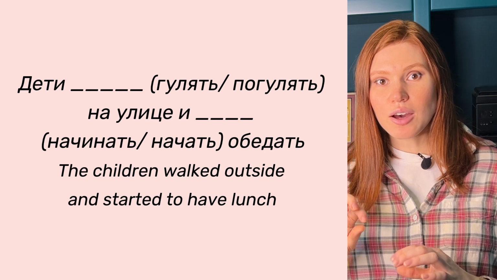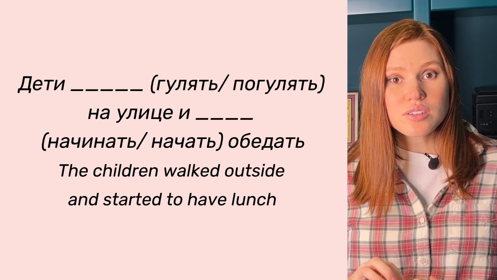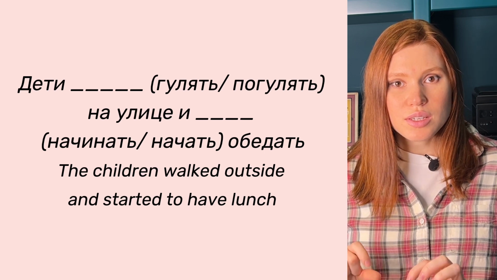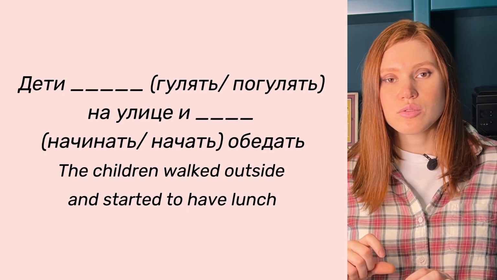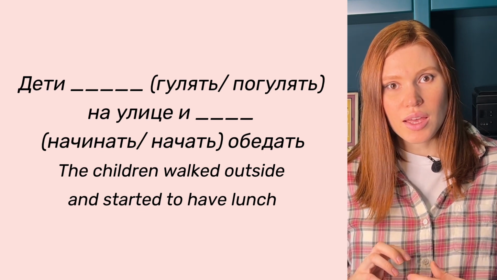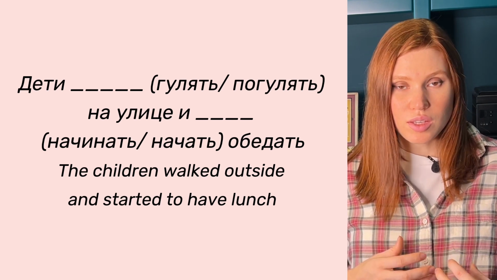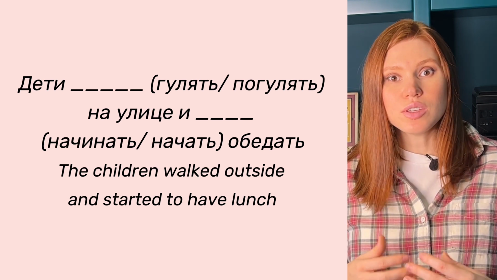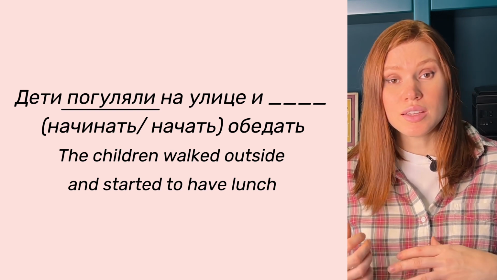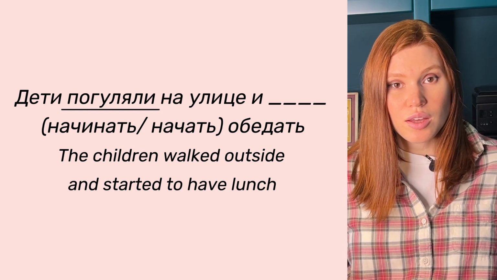Дети на улице и обедать. The children walked outside and started to have lunch. So this sentence is about two actions. The first action is a completed action. Children walked outside. So this action is completed. And if it's completed, we need to use the form of perfective verbs. Дети погуляли на улице. And talking about the second part of the sentence, started to have lunch.